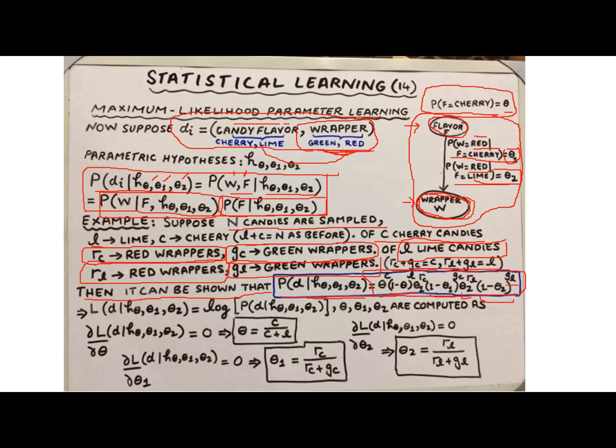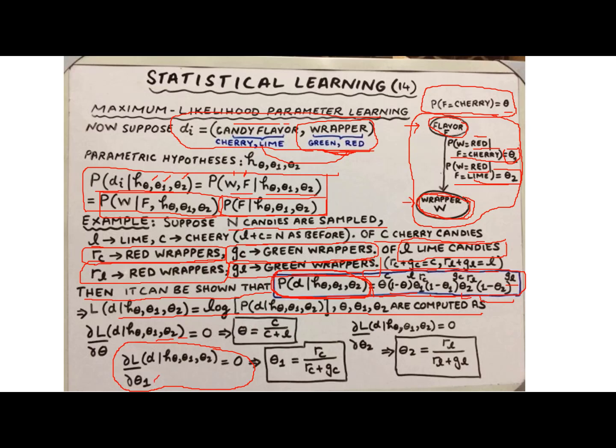So once again, we wish to compute the maxima of this probability. We compute the maxima by taking the logarithm, which simplifies the computation. Because the likelihood is a function of three parameters, in this case θ, θ1 and θ2, by using the first derivative technique for the computation of maxima, we take the partial derivative of L with respect to each one of these parameters.